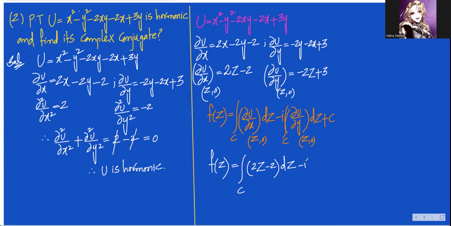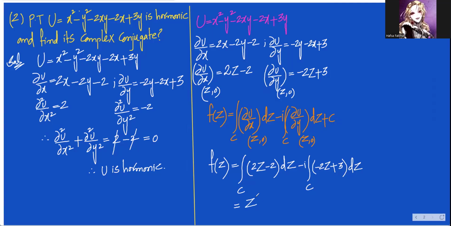Minus i times the integral over c. The value with respect to y is minus 2z plus 3 into dz. Now we can integrate.